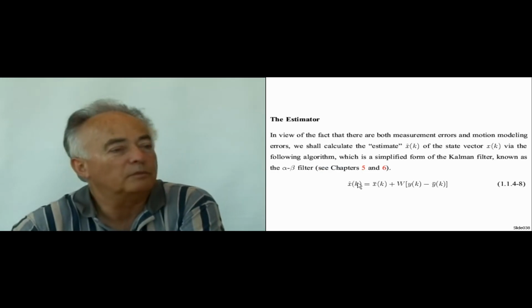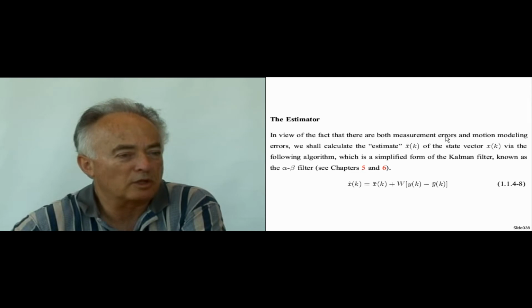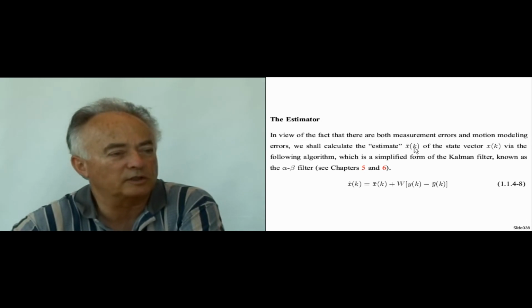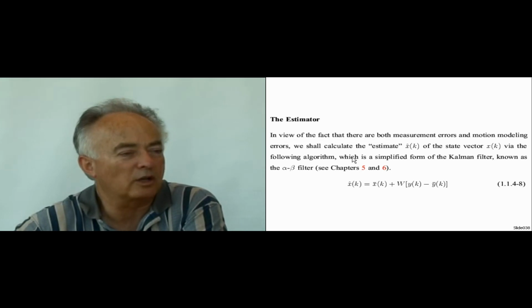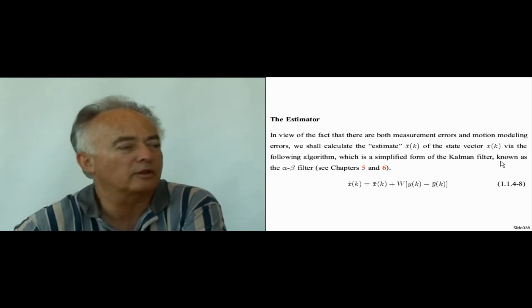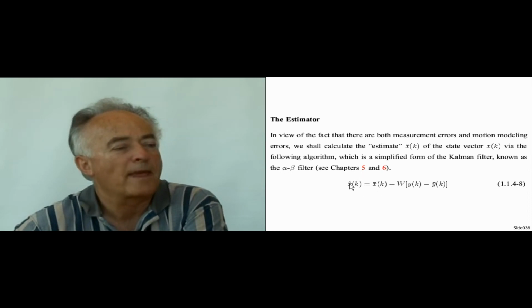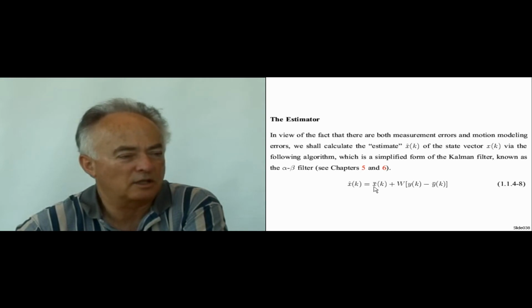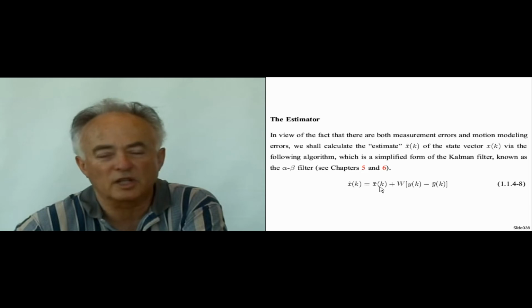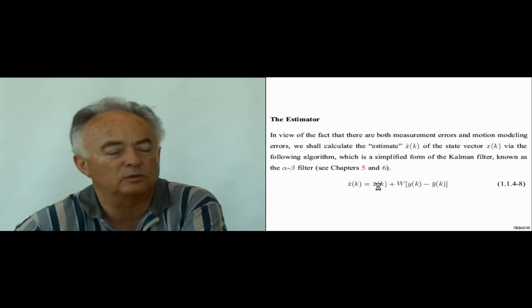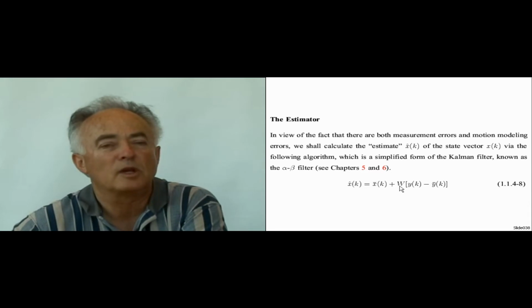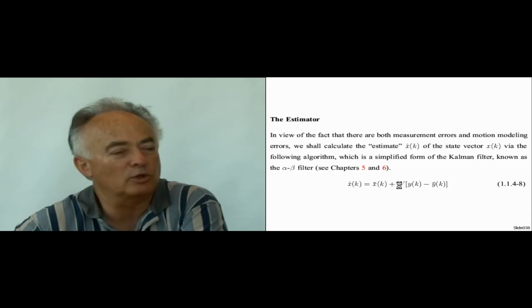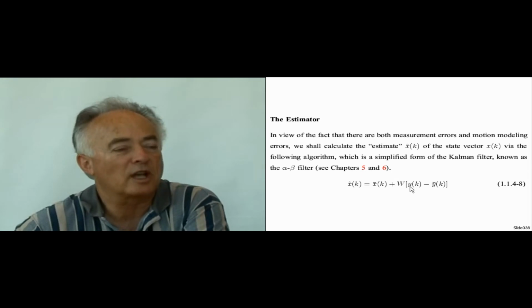Okay, what is the estimator? Clearly we have both measurement errors and motion modeling errors. We shall calculate the estimate x hat k, a vector consisting again of the range and the range rate, via the following algorithm, which is a simplified form of the Kalman filter, and that's exactly the alpha-beta filter discussed later in these chapters. x hat k is x bar k, the notation we are using now for the prediction to time k from time k minus 1, plus some gain matrix W, where alpha and beta will show up in a moment, times the residual.